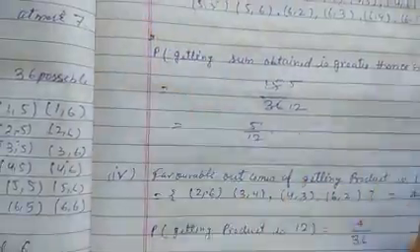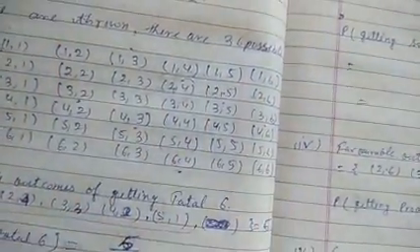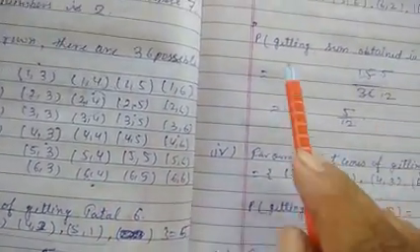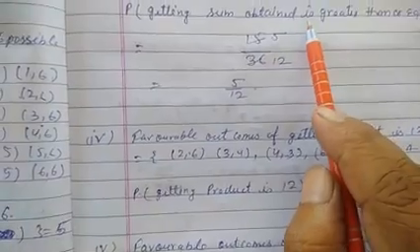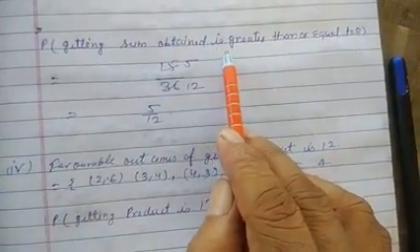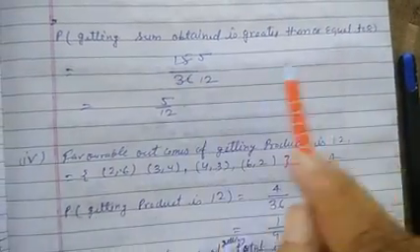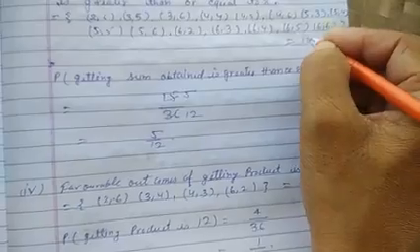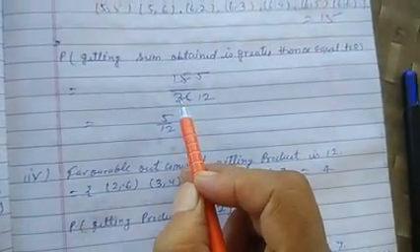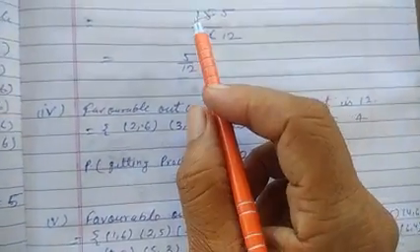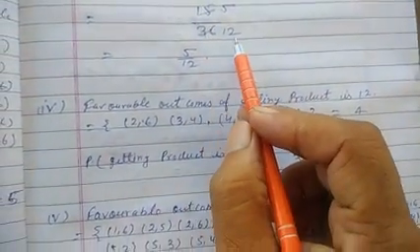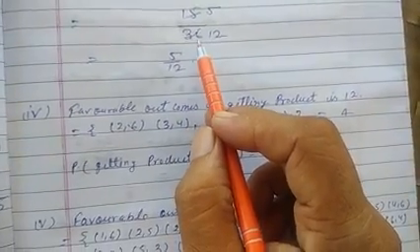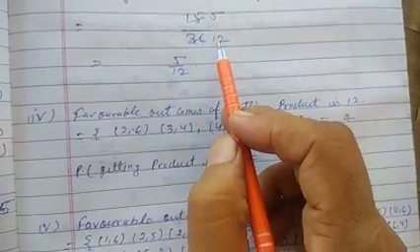So find all the cases from here. The probability of the sum being greater than or equal to 8: total cases are 15. So it means 15 by 36. It is divisible by 3. 3 fives are 15, 3 twelves are 36. So 5 by 12 it will come.